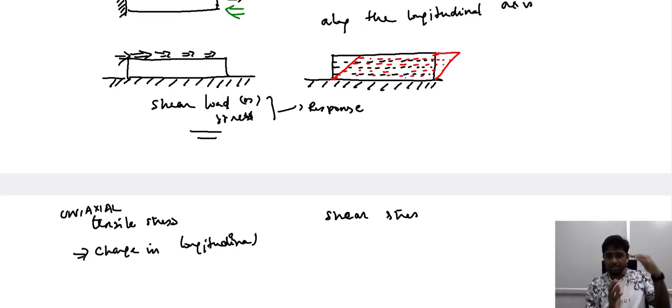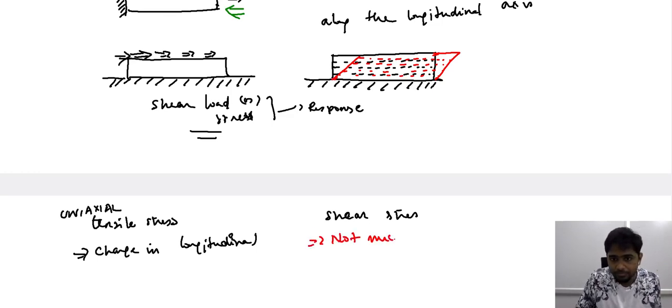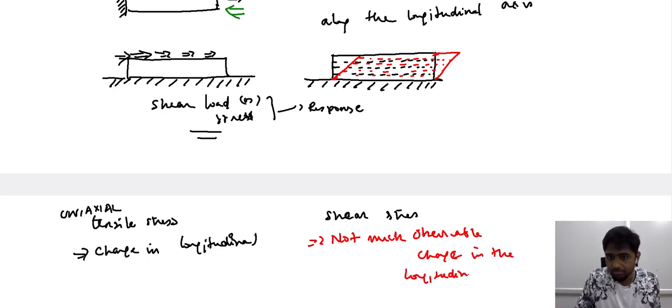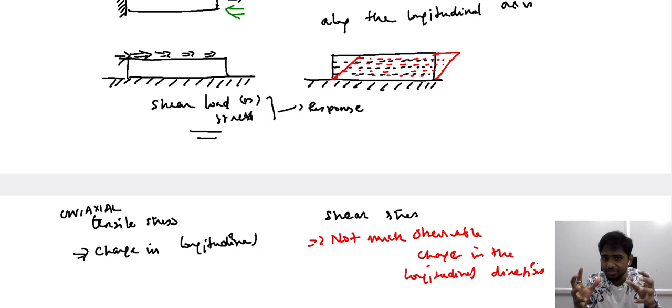So when the shear load is imposed, unlike the tensile loading, there is not much discernible or observable change in the longitudinal direction. The change in the longitudinal direction, a characteristic feature of tensile loading, is not found here.